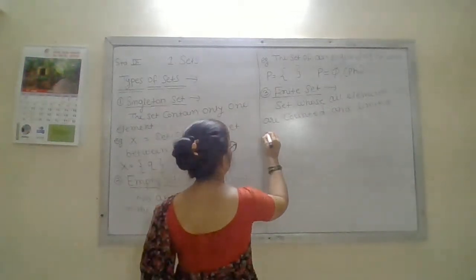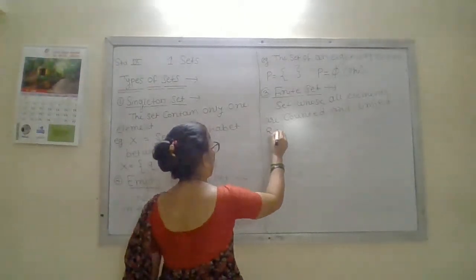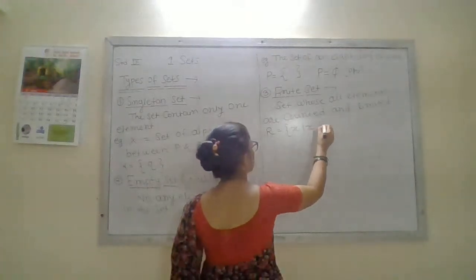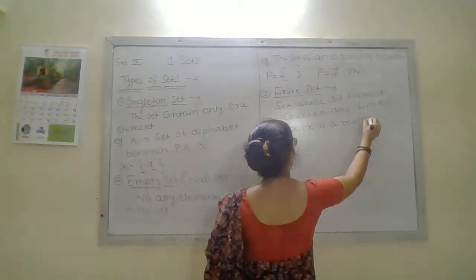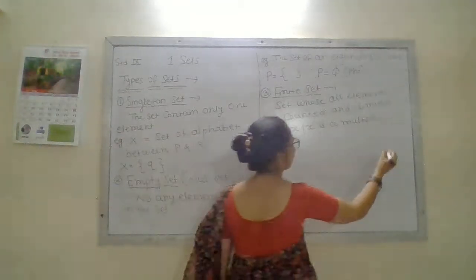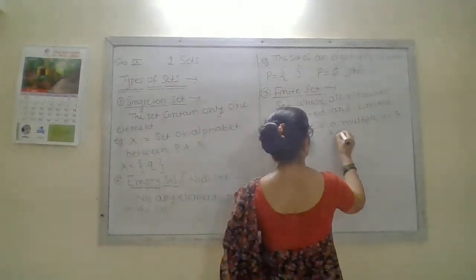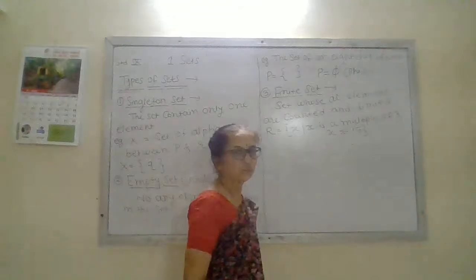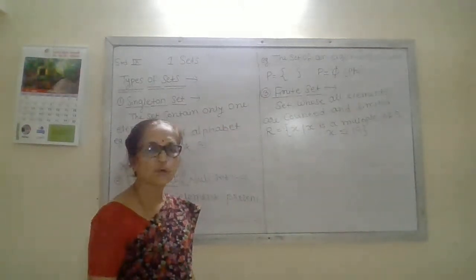Here we take an example. R is equal to {X such that X is a multiple of 3 and X is less than or equal to 15}. X is a multiple of 3.